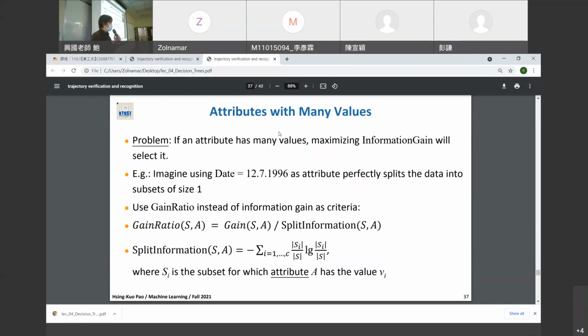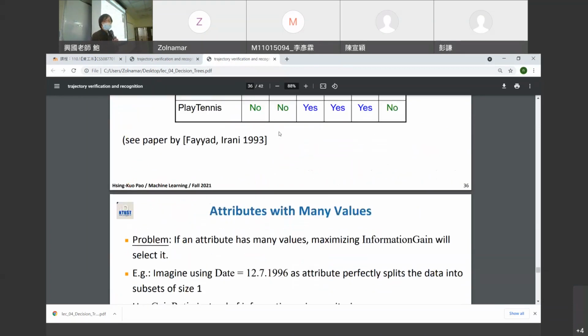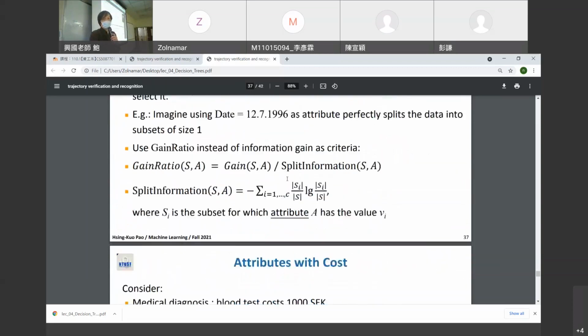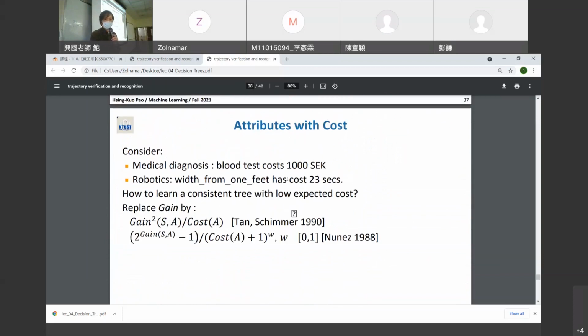Coming back to this example, outlook has three values while humidity and windy have only two. In this case, outlook will usually be favored. Why? Because given three branches, down to the bottom we will usually have lower entropy. Some extreme case is what?